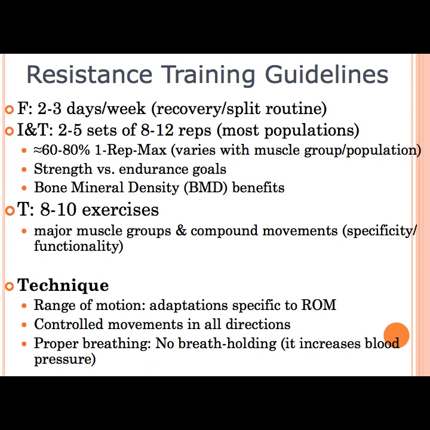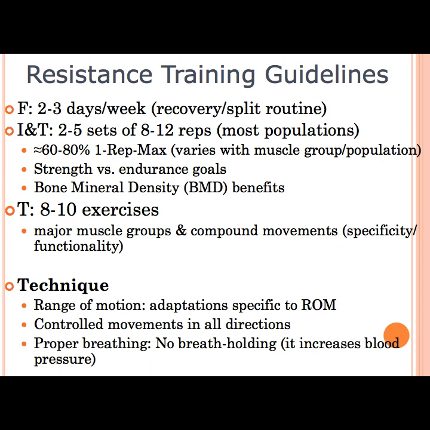Another key note when we're talking about lifting weights is to make sure that we are doing proper breathing. We don't want to hold our breath when we are lifting an extreme amount of weight. By doing that, it actually increases our blood pressure immensely. If our normal blood pressure is around 120 over 80 millimeters of mercury, it can put it up into ranges that are above 300 or 400 millimeters of mercury for our systolic blood pressure, which is the pressure on our arteries when our heart is working.